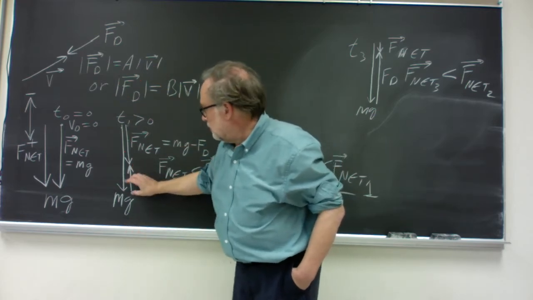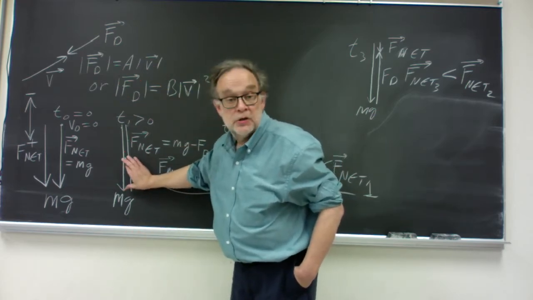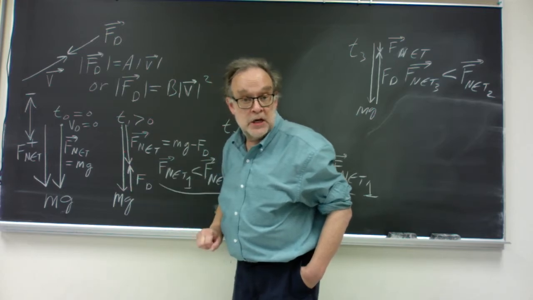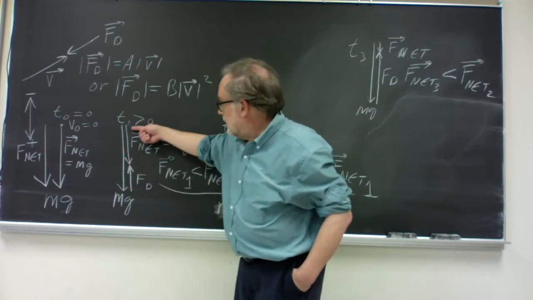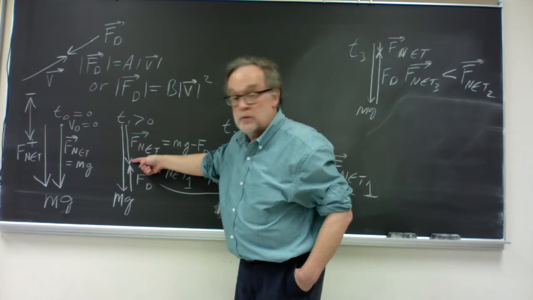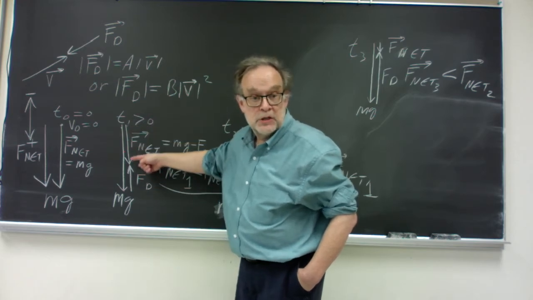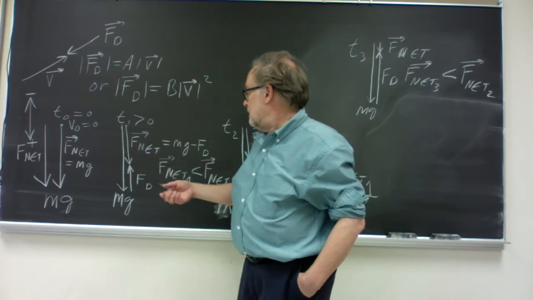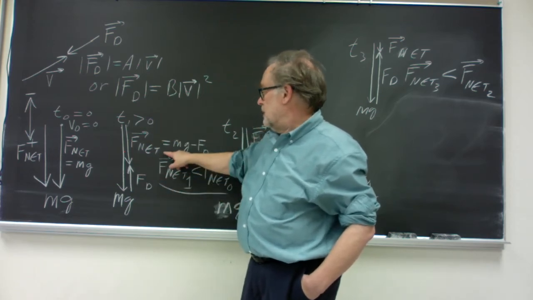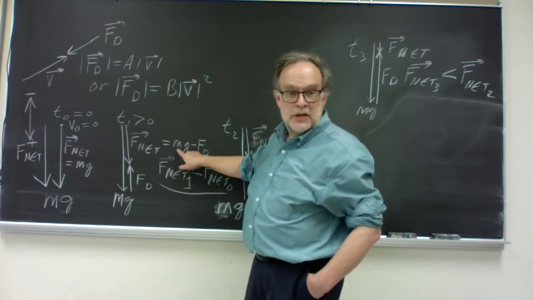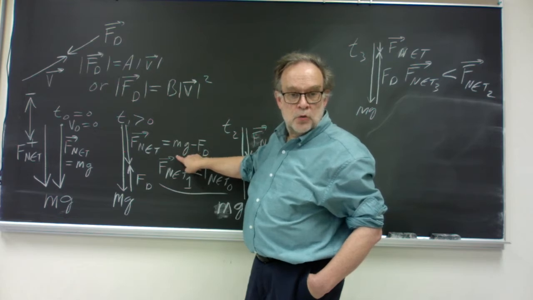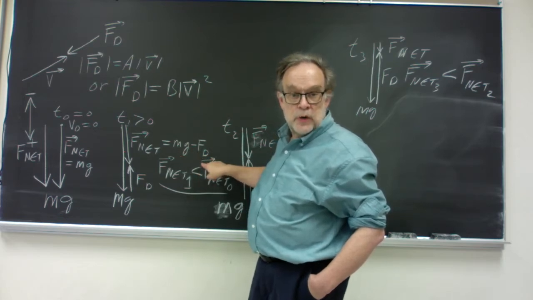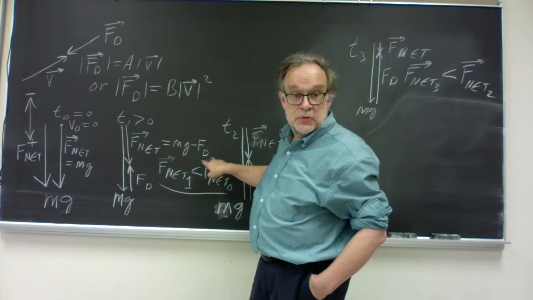This upward drag force cancels out part of the downward weight force, and now you've only got this much left over. After that cancellation, you've got only this much left over for net force. So now, at this later time, time 1, the net force is actually a combination of weight and drag force pointing in the opposite direction.